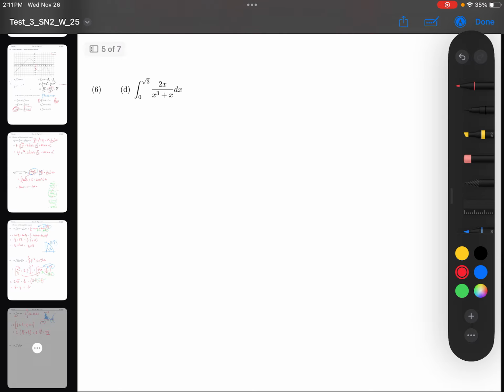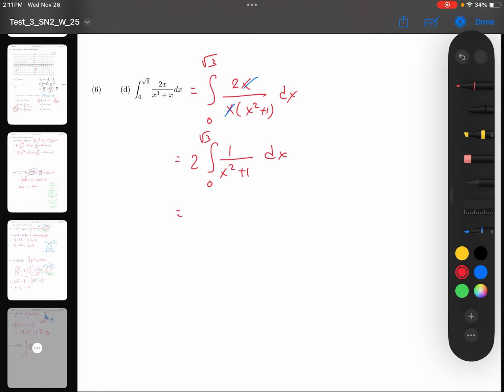In the next problem, I have to deal with this integral. Okay, so integral from 0 to square root of 3, 2x over, the only thing that I can do here is factor x, and I have x squared plus 1 dx. So I can cancel this x, and I can factor out the 2 outside of the integral, 0 to square root of 3, 1 over x squared plus 1 dx.